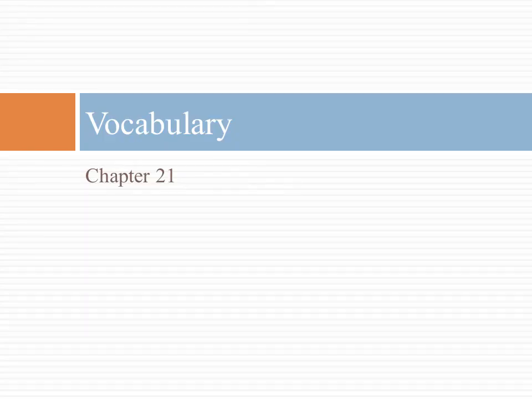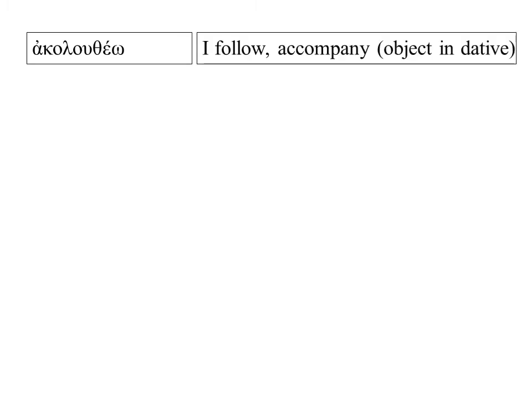Vocabulary, chapter 21. Akluteo. Epsilon contract, I follow or accompany. It takes its object in the dative of accompaniment.